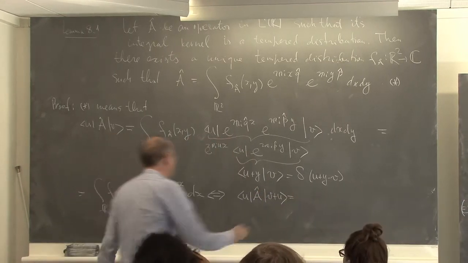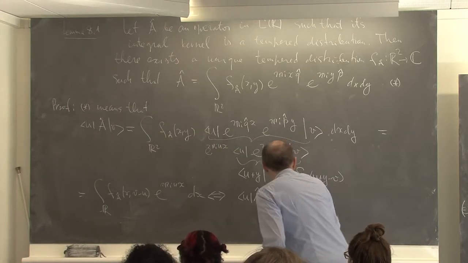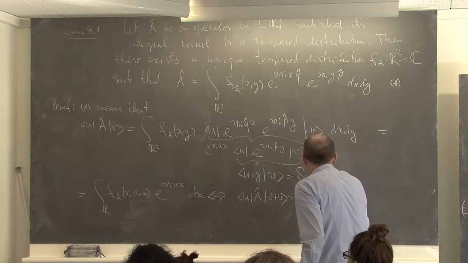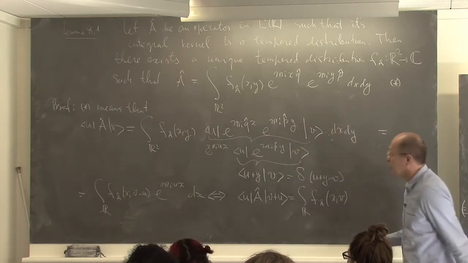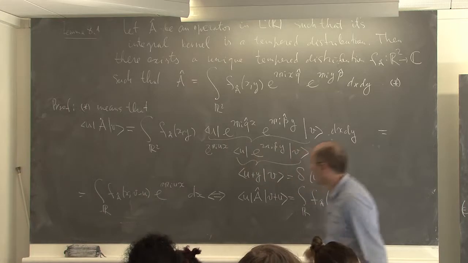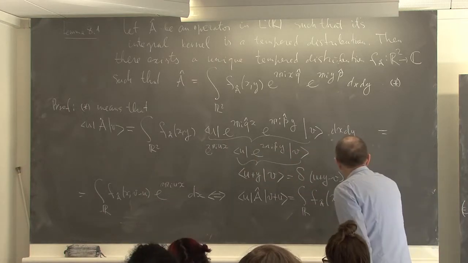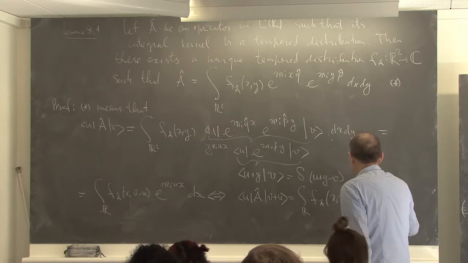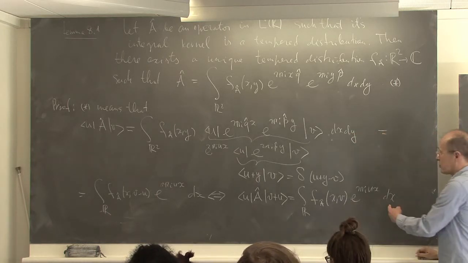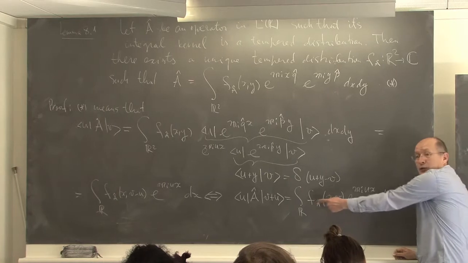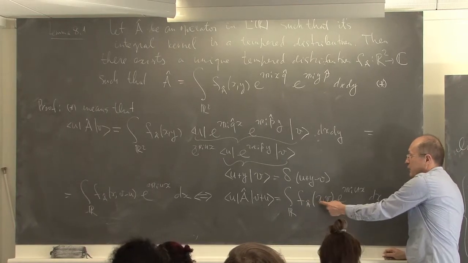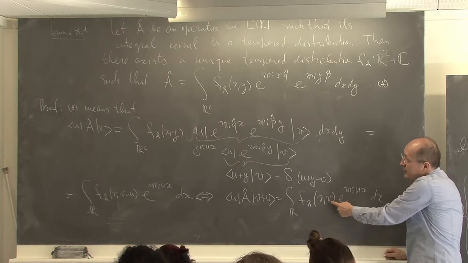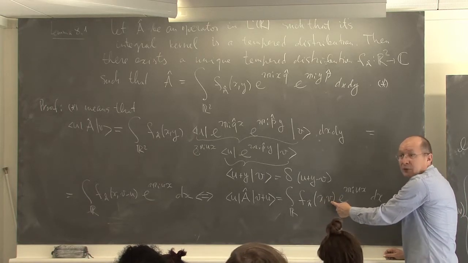So I just rewrite the obtained formula: integral over R of f sub a hat of x, v, right? Now u disappears after the shift here, e^{2πi u x} dx. Now it is a true Fourier transform of the unknown function f with respect to the first argument, and the second argument is just kept fixed.